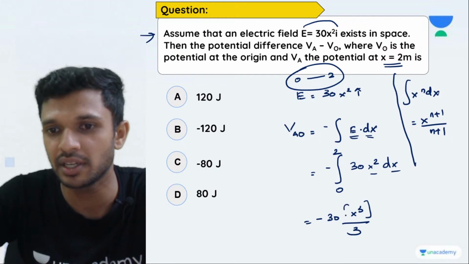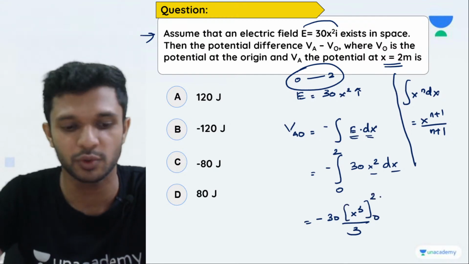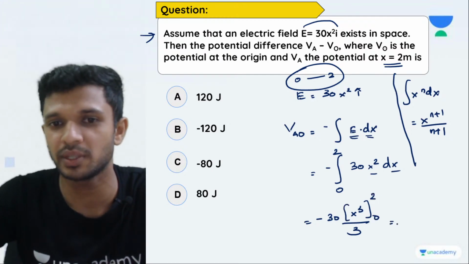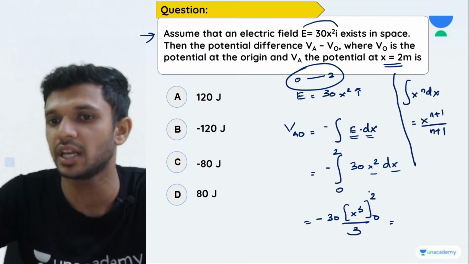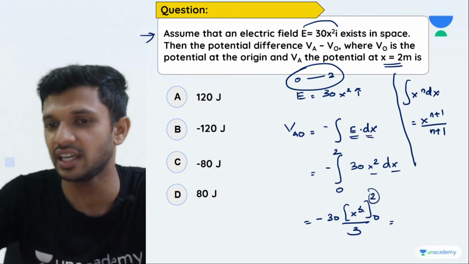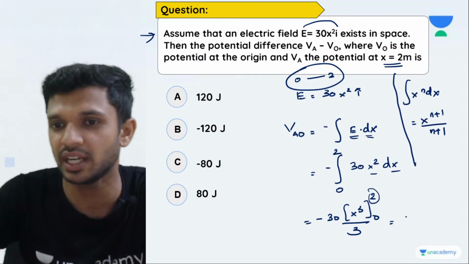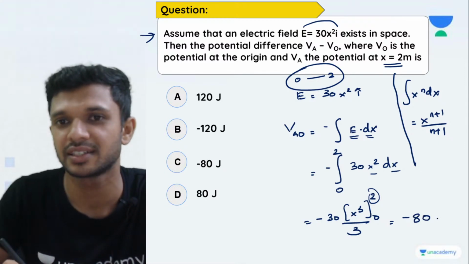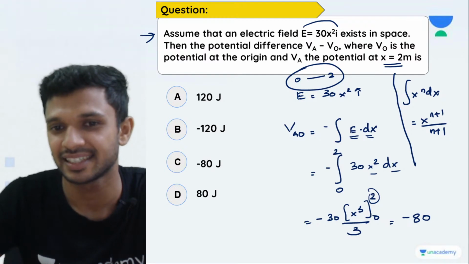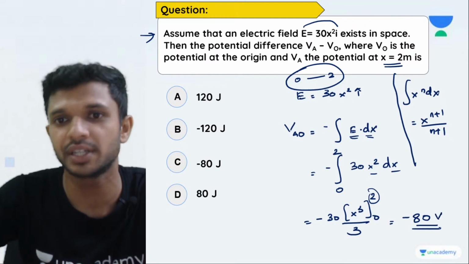With a lower limit of 0 and upper limit of 2. So how much is this going to come? This is equal to 30 by 3, that is minus 10. If x takes the upper limit of 2, it is 2 cube, that is 8. 8 into 10 is 80 with a negative sign. Minus 80, right? Yes, that much volt.